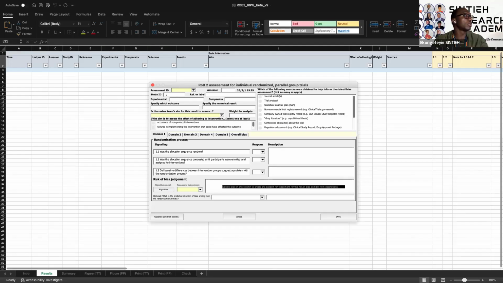I'm just going to use the numeric number here, 1. We are going to fill this when we look at the paper I have just shown you, when we extract the information from our extraction sheet.